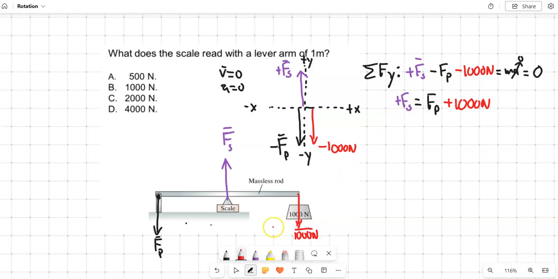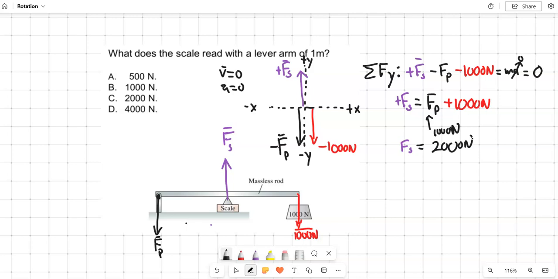And if we assume that the force of that pivot point is equal to 1,000 newtons, that this is probably 1,000 newtons as well, then this force due to the scale is probably going to read 1,000 newtons plus 1,000 newtons, which is going to be 2,000 newtons, right? It's probably going to read 2,000 newtons based on just common sense stuff.